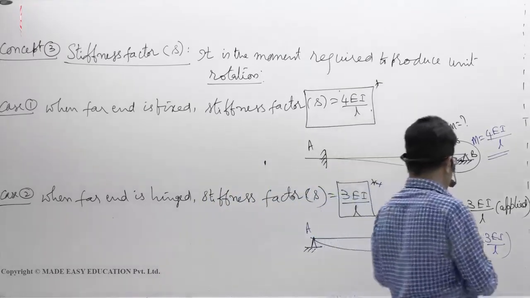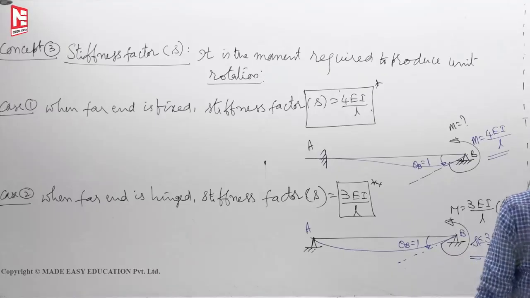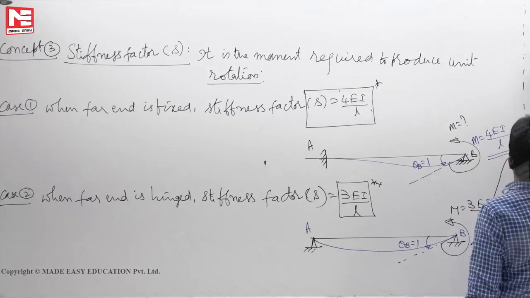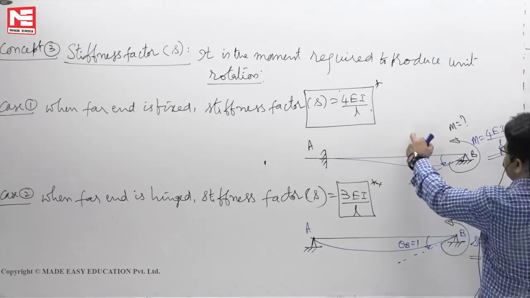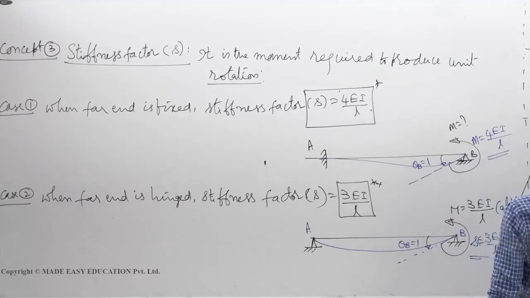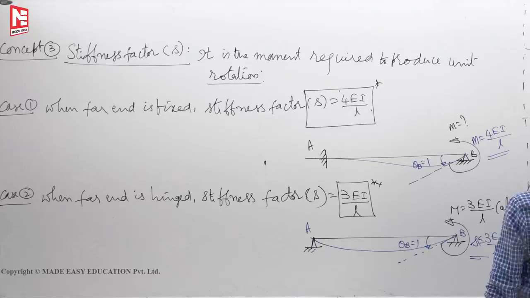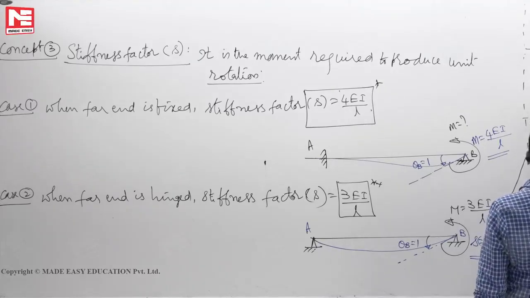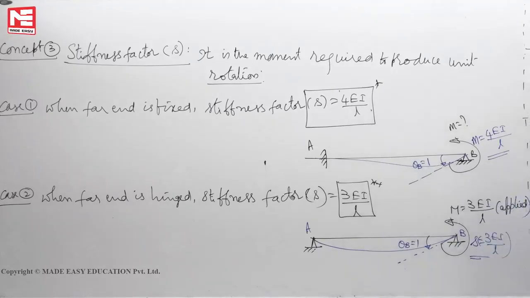This one you have already calculated in your strength of materials. This we have to derive. This we have already learned from SOM. What you have learned is this one. Assume that we have a simply supported beam.